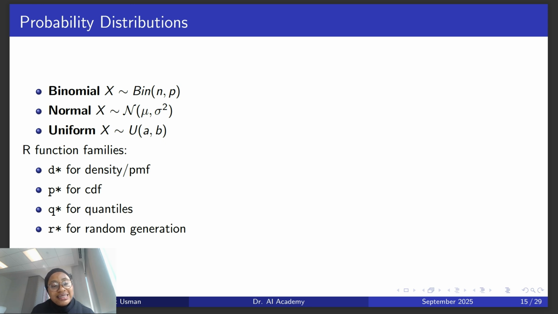If you use the D, it is either for the density or for the PMF. Remember, we already talked about binomial. So if you want to calculate the density function, we can use D norm, D binom, D unif.